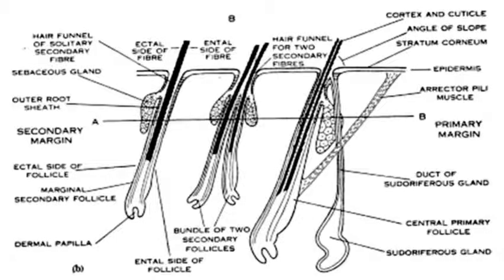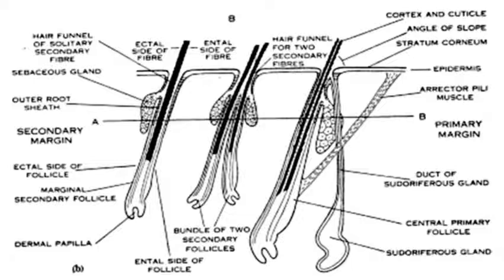So here once again we can see the magnified structure of the wool follicle. Here at the left side we can see the structure of the secondary follicle, and at the right side the structure of the primary follicle. In the primary follicle on the right side we can see the erector muscle, the sudoriferous gland and its duct, and there is a central primary follicle, and at the top we can see the grown fiber.